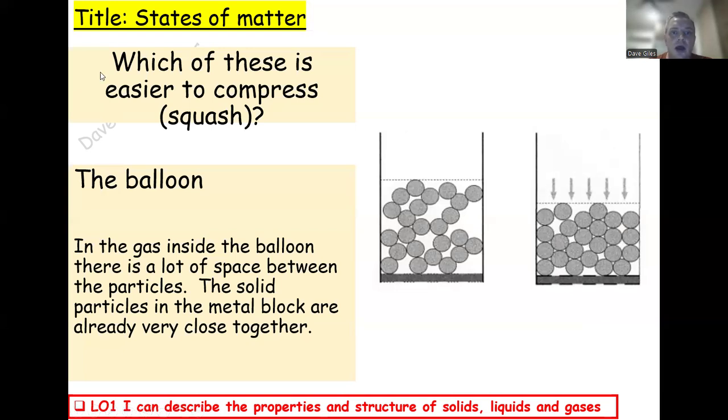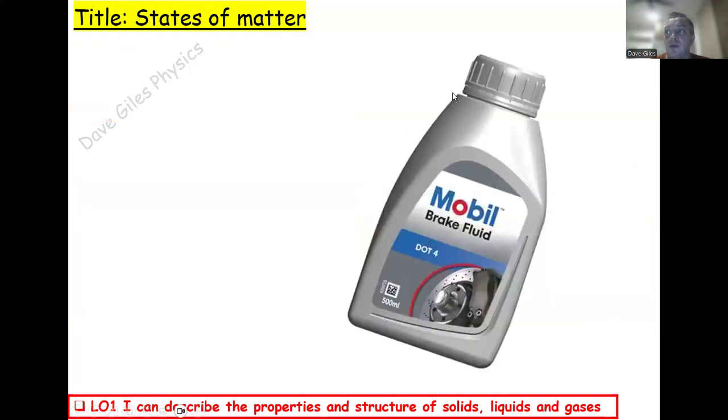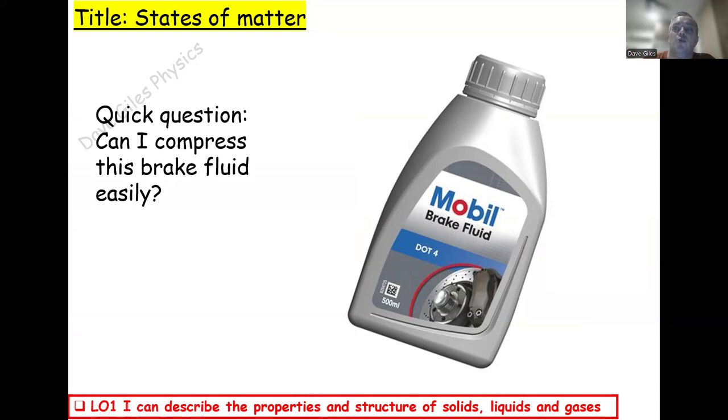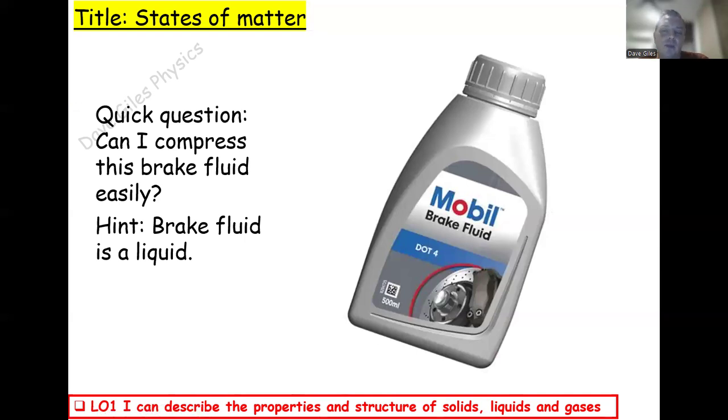Okay. Another question. This is brake fluid. Now, brake fluid is a liquid. Can I compress this brake fluid easily? Give you a few seconds to think about that. And the answer is no. You cannot compress it. It's a liquid. It can't be compressed. But why is that important?